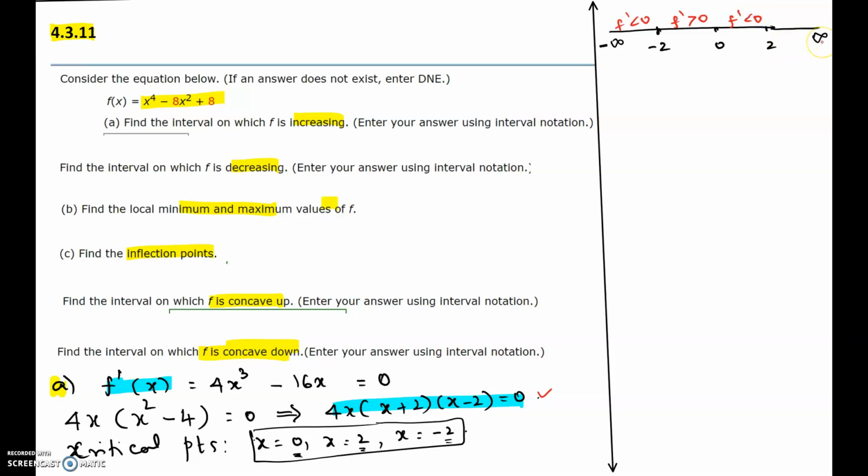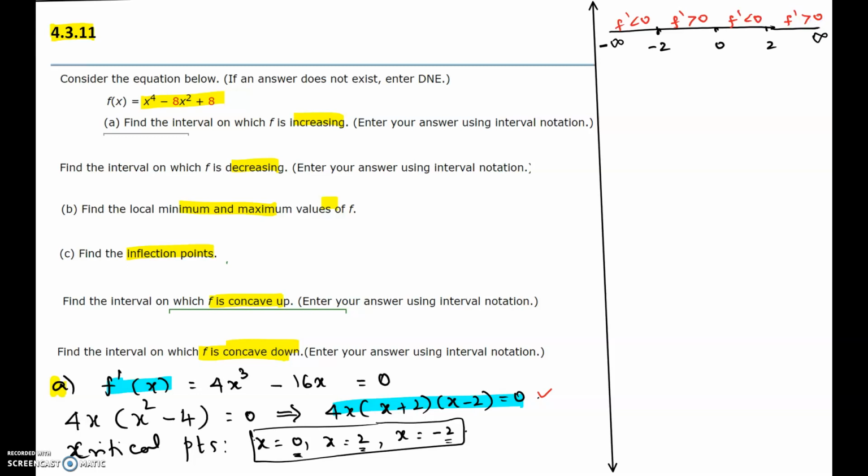Then in the interval 2 through infinity, I can pick test value 3. So it will be positive times positive, which is positive, times positive. So that is going to be positive. So f prime is positive.